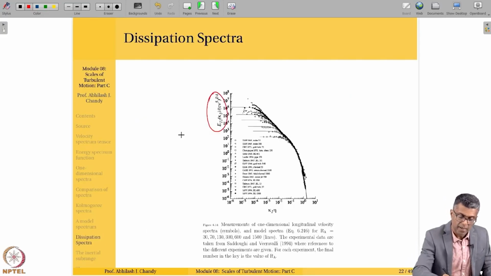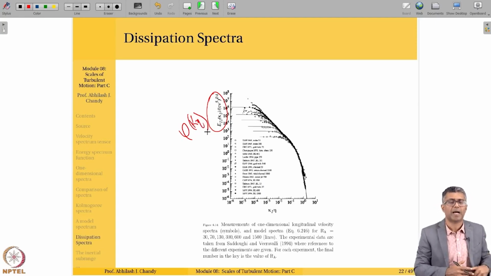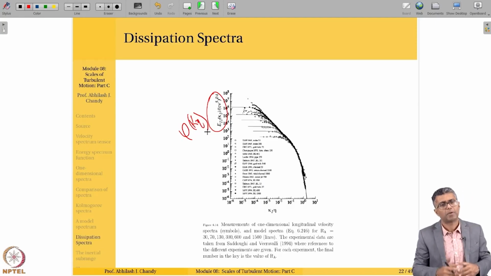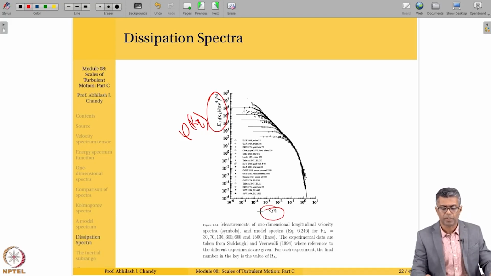This is psi of kappa eta. Obviously, because I'm plotting the 1D spectra, I'm getting a different constant, but essentially I'm getting the same thing. I'm getting a universal function, E11 of kappa 1 divided by epsilon nu to the 5, the whole thing to the 1/4. This is plotted against kappa 1 eta. What is shown here? Multiple data sets are shown here.